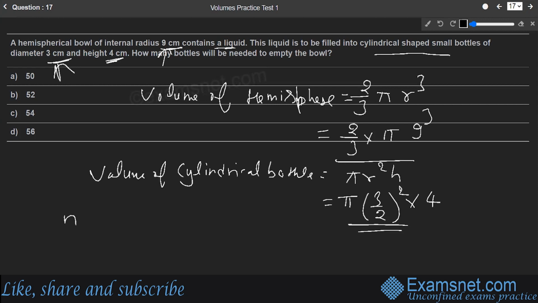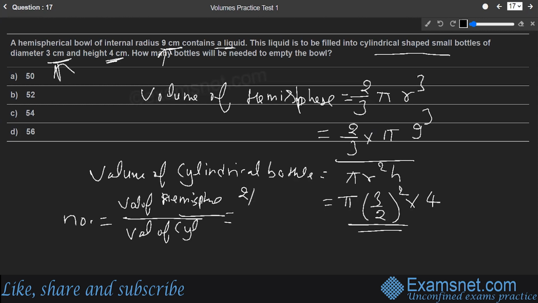So clearly the number of such bottles that can be filled with this liquid will be the volume of the hemisphere divided by the volume of a cylindrical bottle. Okay, so let us put down the values. That is going to be 2 by 3 into pi into 9 cube, divided by pi into (3 by 2) square into 4.